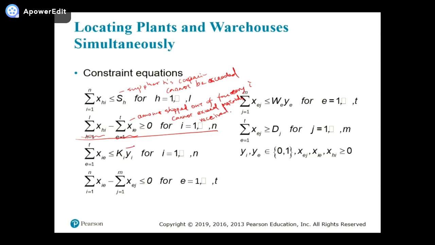And the third constraint is the factory's capacity constraints.